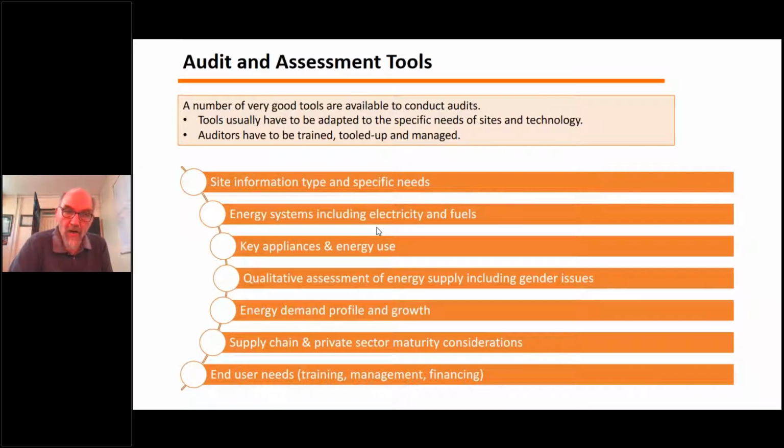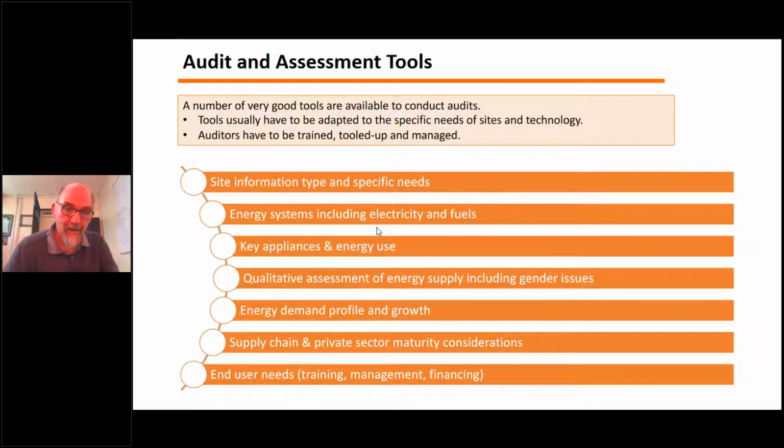So there are a lot of different ways to do energy audits, and I find that it quite often depends on the client, but virtually every audit needs a similar set of documents. We use a spreadsheet, but you'll hear about Homer. You can use a Homer-type tool, but you're going to need the site information and specific needs.